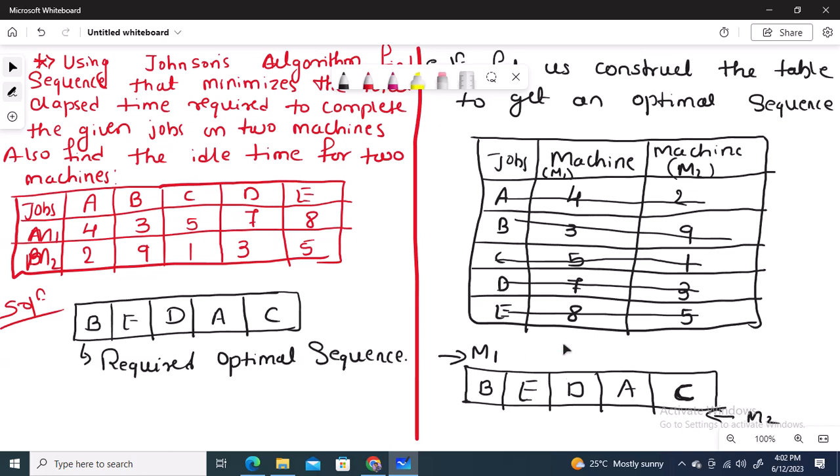I'll erase this part and write the computation table.